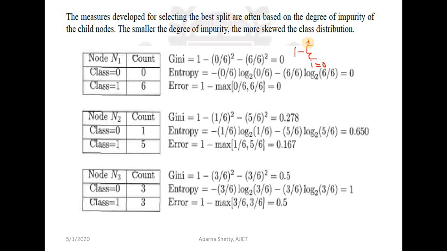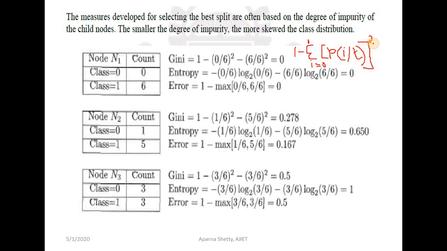So i is equal to 0 to 1, P of i given t, the whole square.